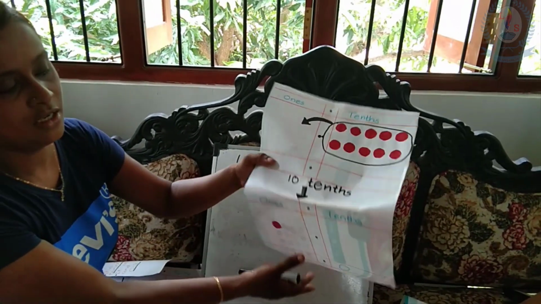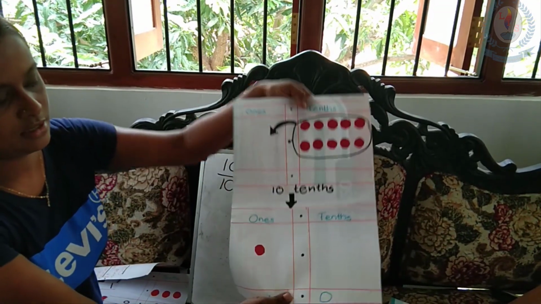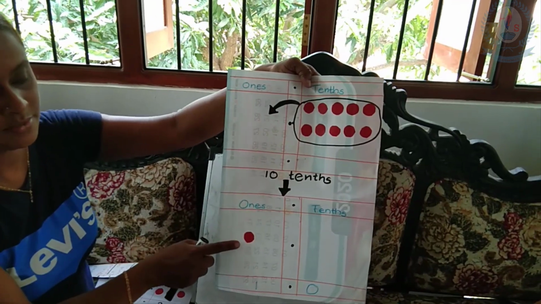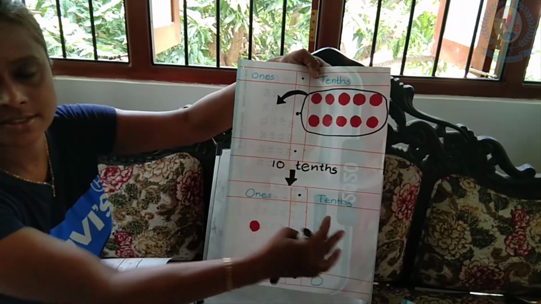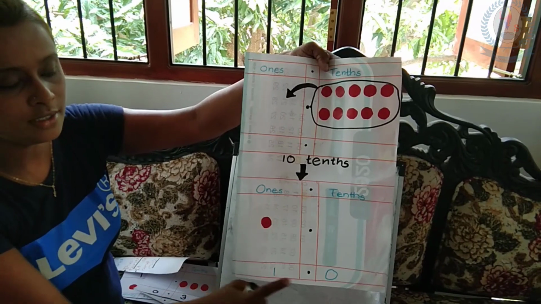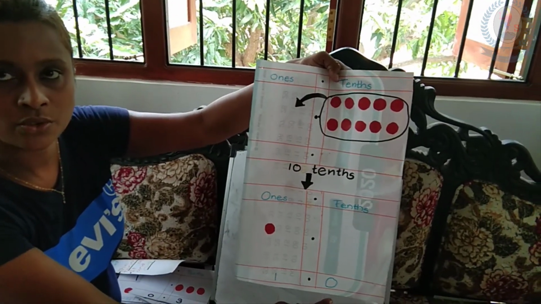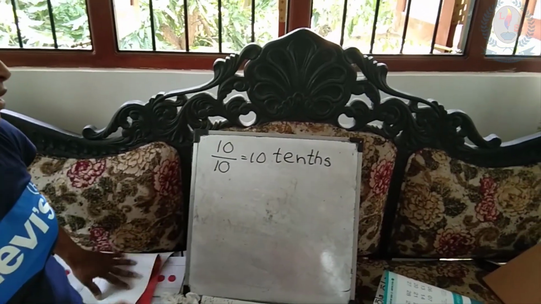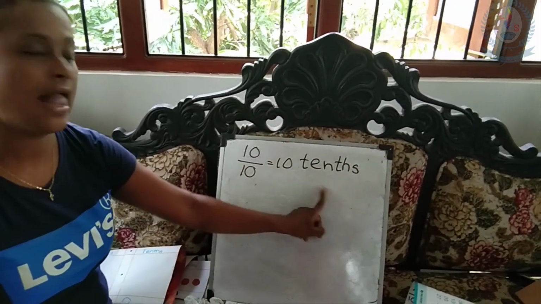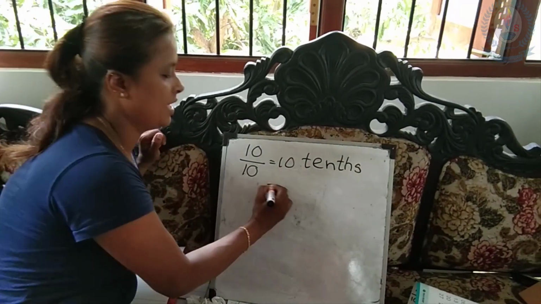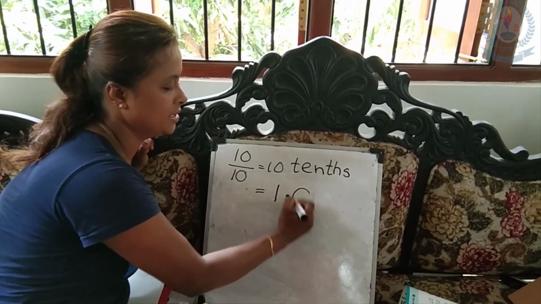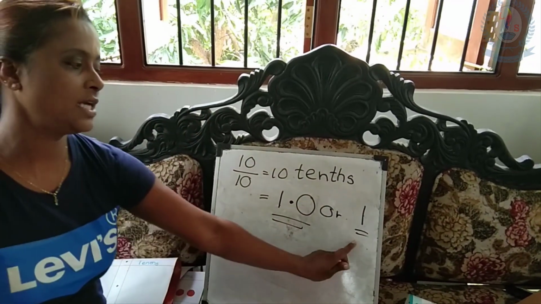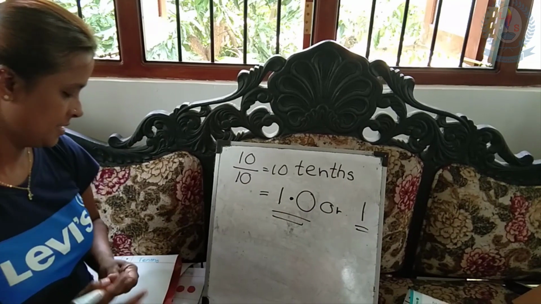The 10 tenths make 1 one. There are 10 tenths, it becomes 1 one and no tenths. So we can write it as 1.0. And remember that when we write 10 tenths as a decimal, we can write 1.0 or 1. Both are the same answer, right?